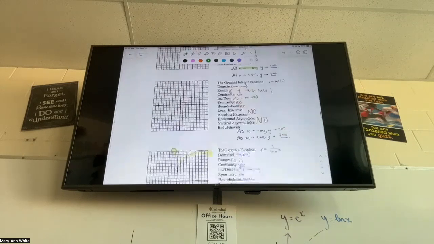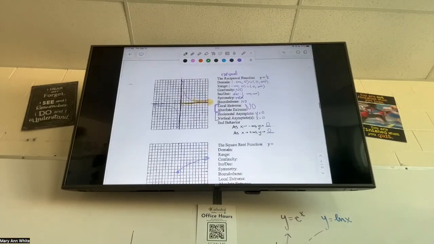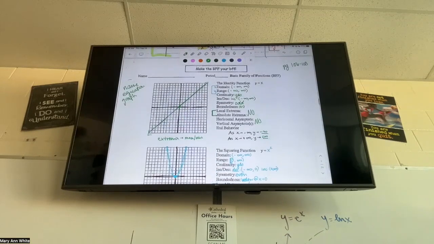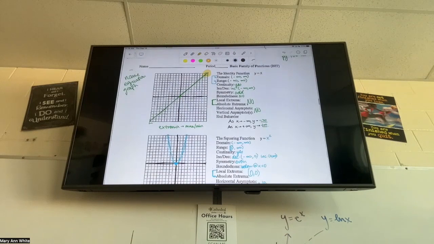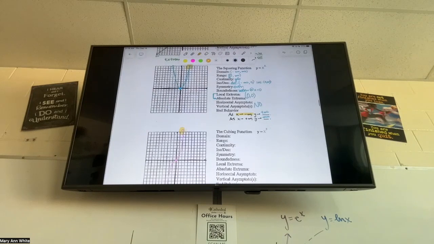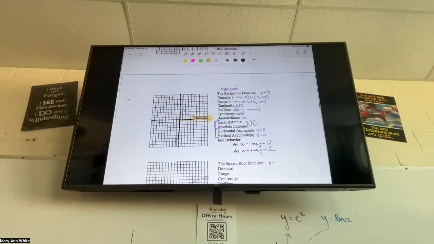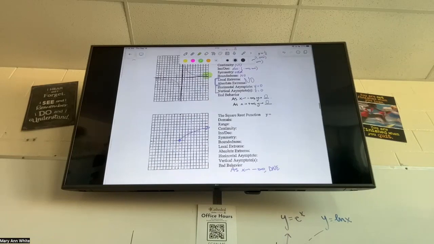I'm thinking about what doesn't end with an arrow going up that way. This one ends with an arrow going up. This one ends with an arrow going up. This one ends with an arrow going up. We just talked about the reciprocal, because the arrow is going towards 0, so it's not going up. Square root's not going up as fast, but it's still going up. What did you say, Chase?